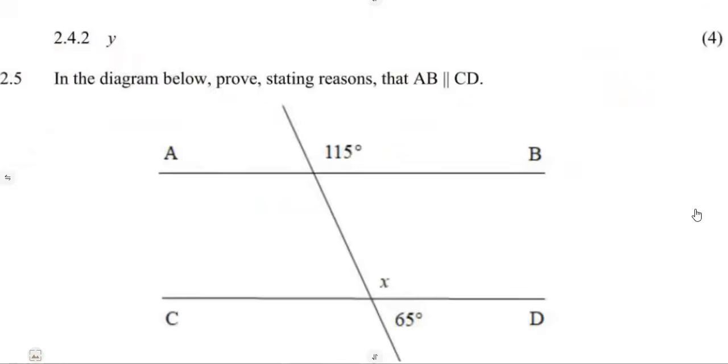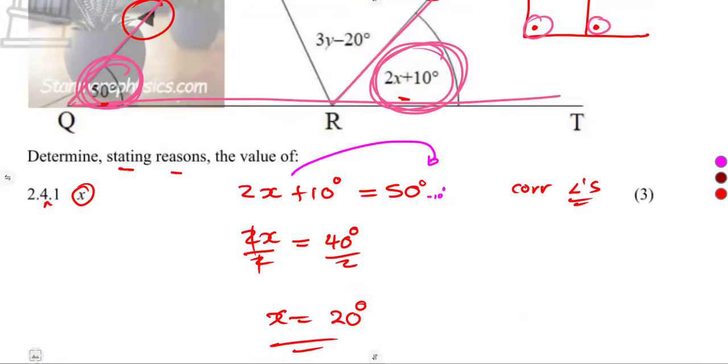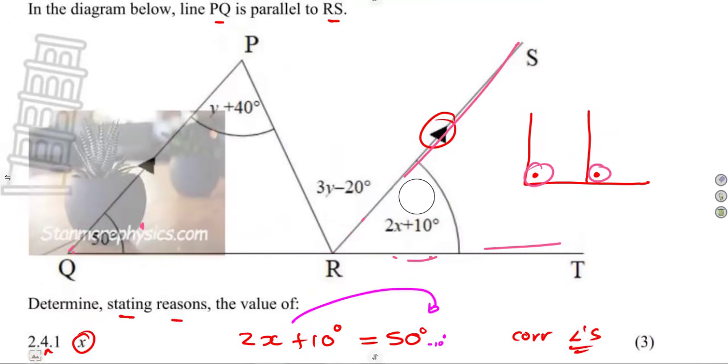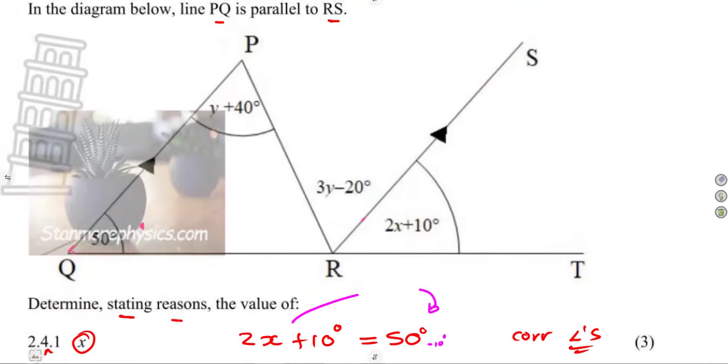Okay, let's see another part of the question, 2.4.2, the y value, all right? So to find the y value, remember this one, I have already stated it before when I was mentioning the alternate angles, remember? Here, Z angles. We are forming a Z there.